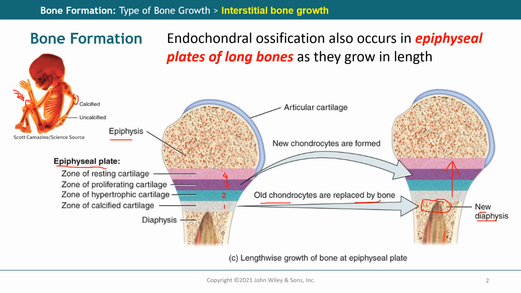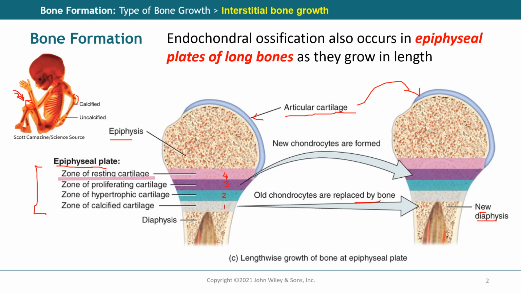So now let's go with the names, now that you remember the big picture. Let's see all the different components. Here we have the articular cartilage, which is also a form of hyaline cartilage. You find it here and you find it here. In addition, you have these four zones that form the epiphyseal plate.